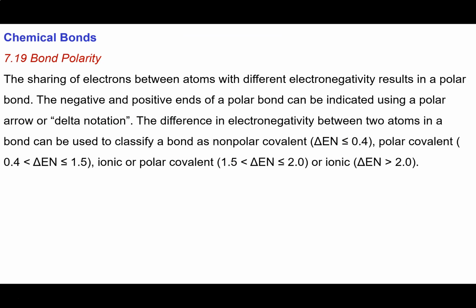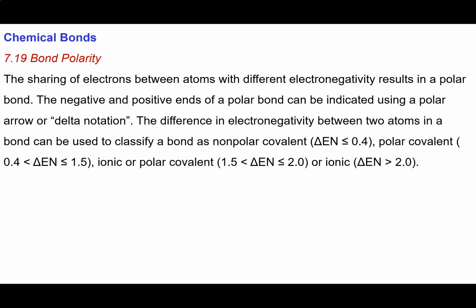So the sharing of electrons between atoms with different electronegativity will give rise to a polar bond. And what we're going to say is that if that difference in electronegativity is greater than 0.4, then the bond will be significantly polar, and that will have an impact on the properties of our molecule.